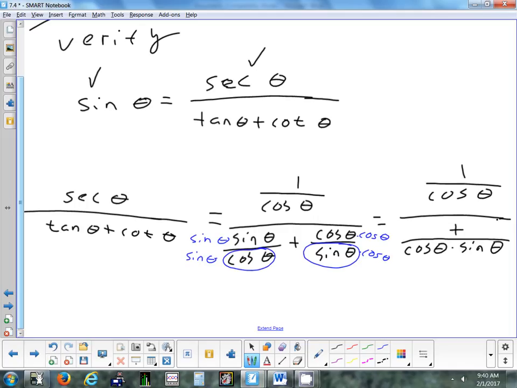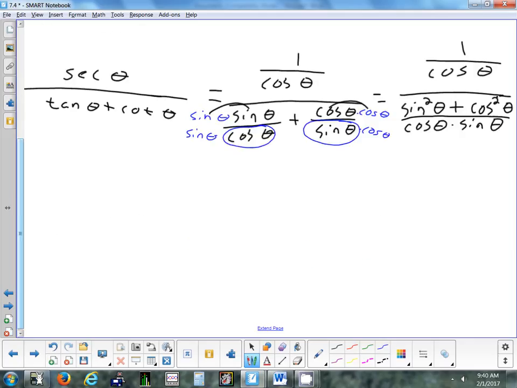So, sine times cosine is our common denominator. What's sine times sine? Sine squared. And what's cosine times cosine? Cosine squared.